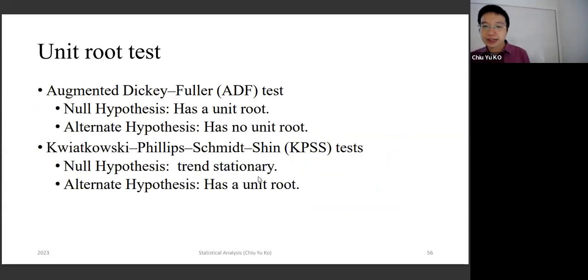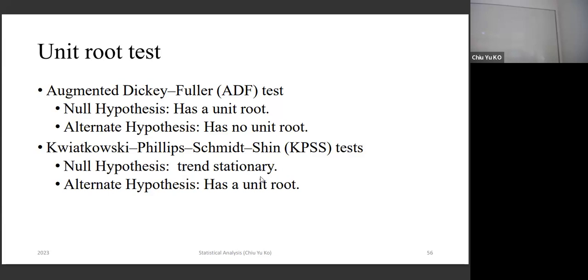There are 2 different tests, which, even by looking at the name, are very scary. One is called the ADF test. The other is called the KPSS test. Don't worry, you just need to look at the P value: is it more than 5% or not, reject the null or not. That's very simple.